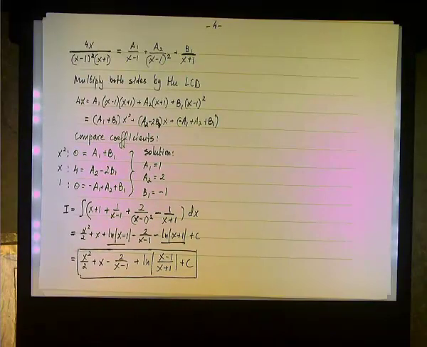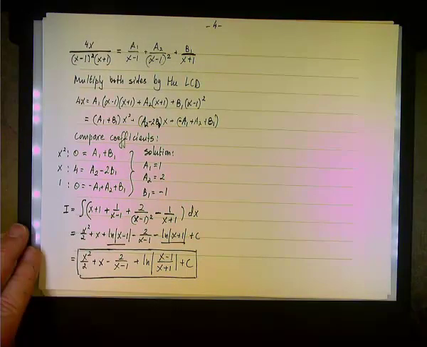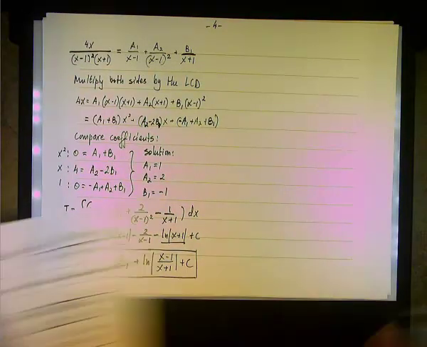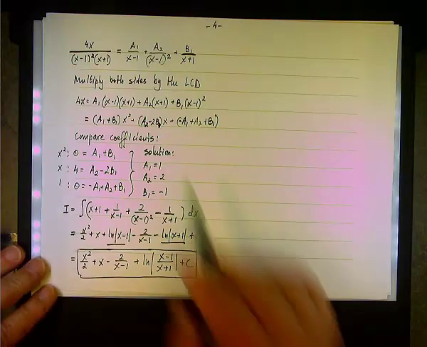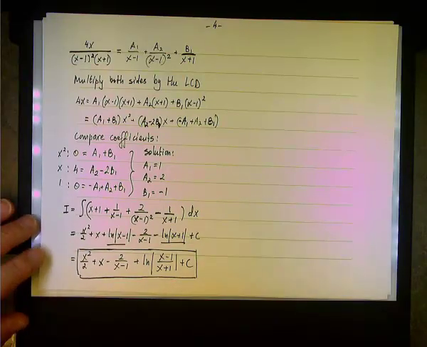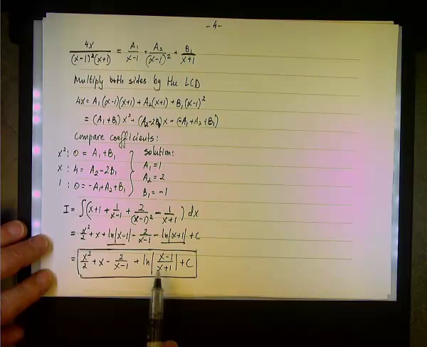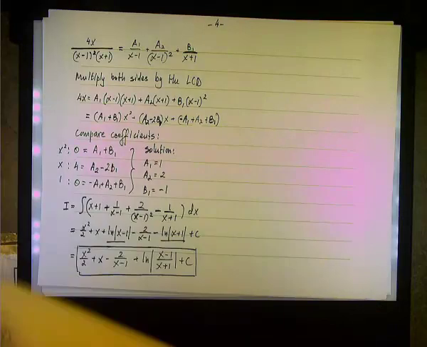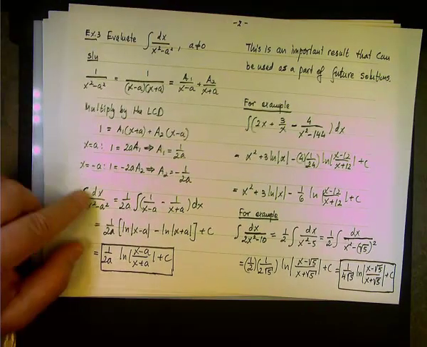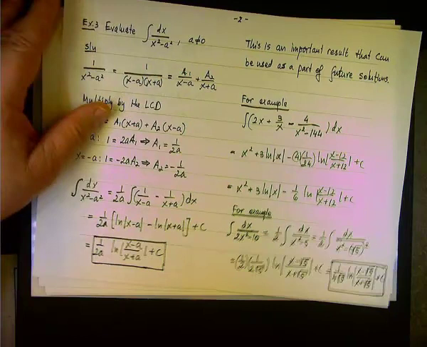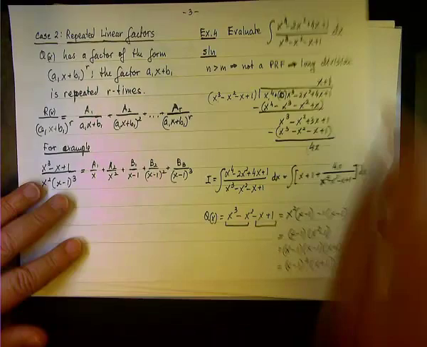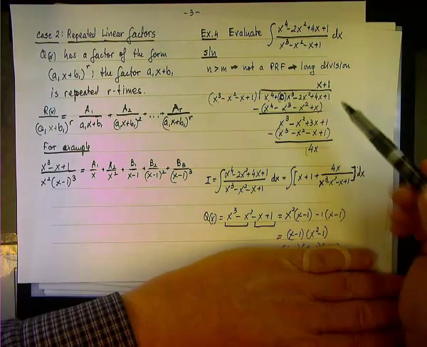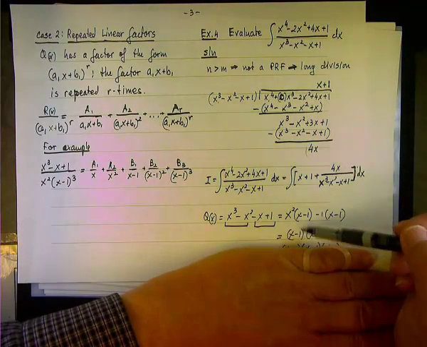When you review this particular exercise at home and take a step back, you can see that we actually could have solved it quicker and without needing the repeated linear factor, because you should recognize this result as something that we've done before. It comes from when you have x squared minus a squared. And where do you see it? If you stop at this point right here, you have the x plus 1 plus two factors.